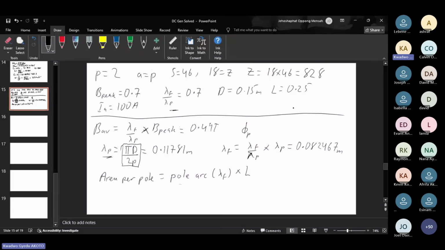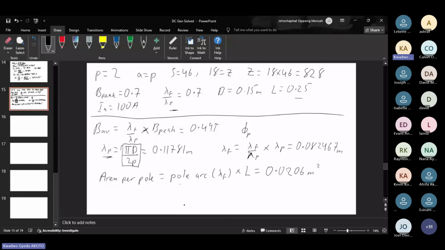So area is pole arc times length. We've also been given our length. Our area per pole is now going to be 0.0206 meters squared, right?